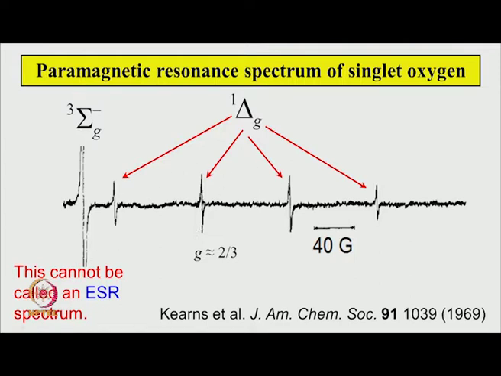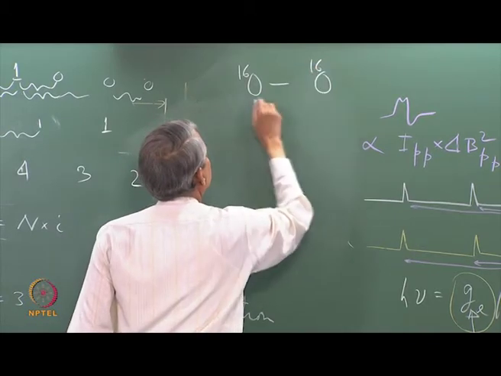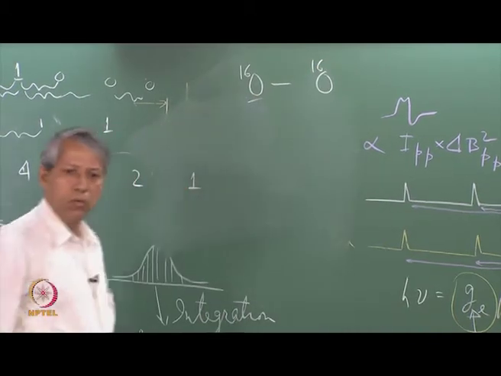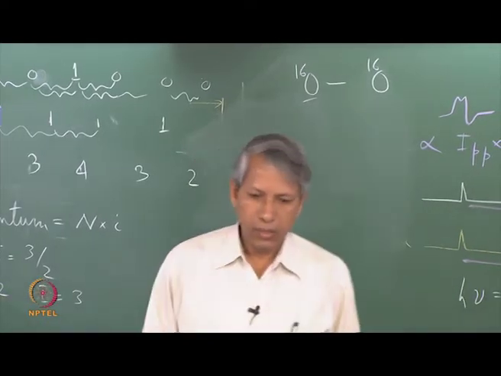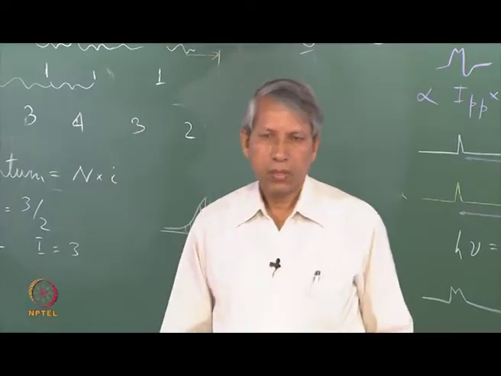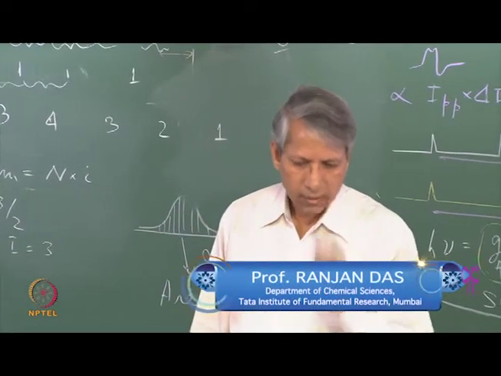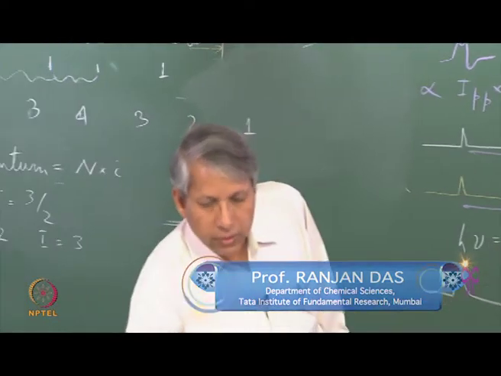By the way, I must point out that this looks like the hyperfine lines that we have seen so far, but in the oxygen molecule this nucleus is 16 and this is also 16. So, this has no magnetic moment, this also has no magnetic moment. So, these lines that are appearing here, though they look like hyperfine lines, are not. This is interesting, that something else is seen here. This experiment was done in the gaseous phase.